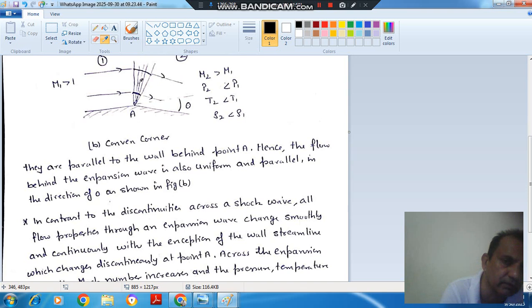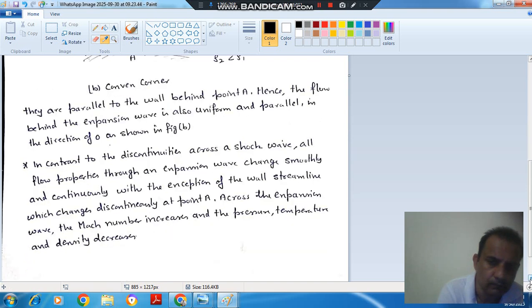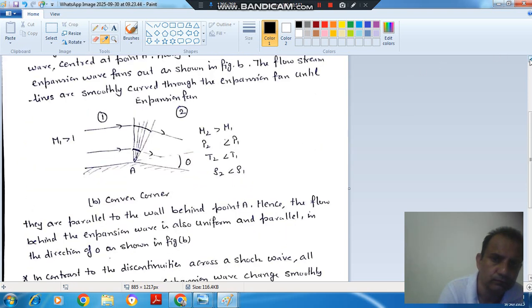As we go away from the surface, there will be continuous change. Across the expansion wave, the Mach number increases and the pressure, temperature, and density decrease.